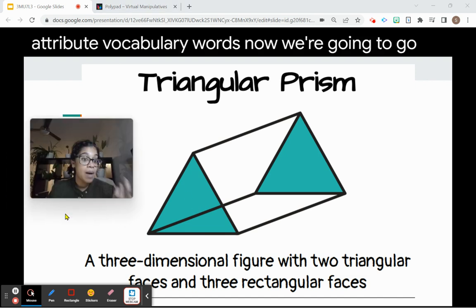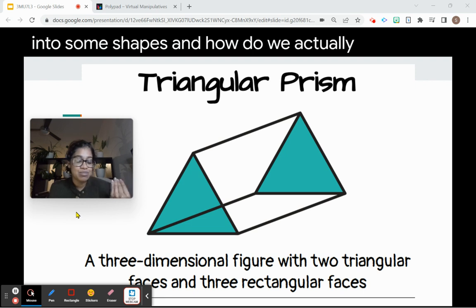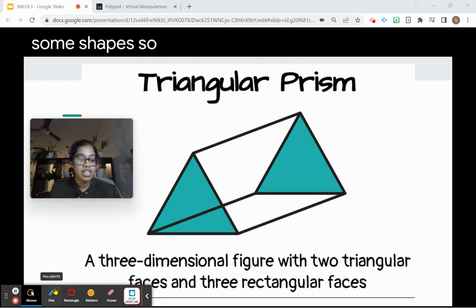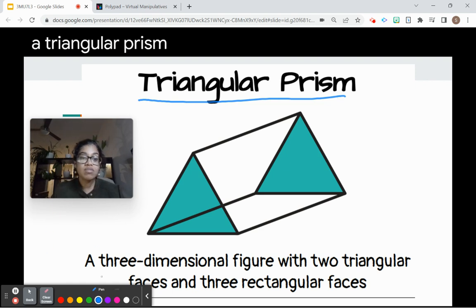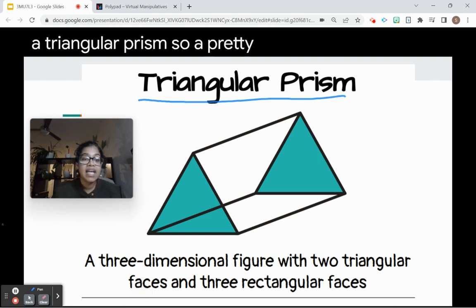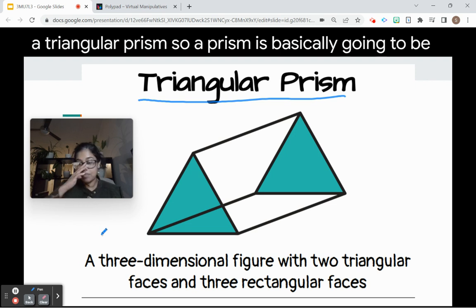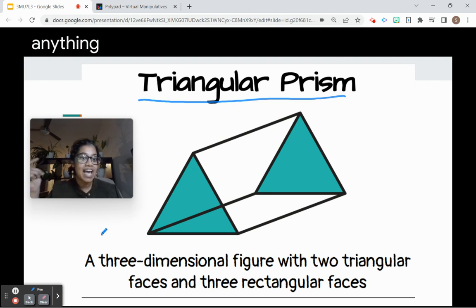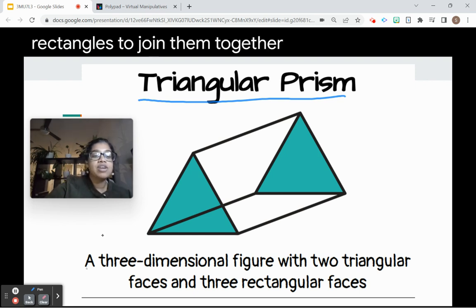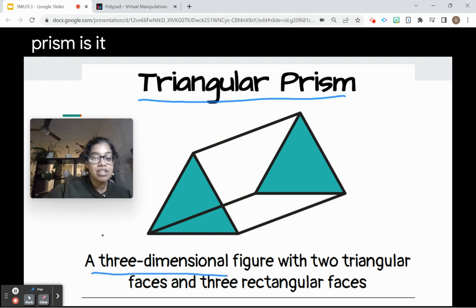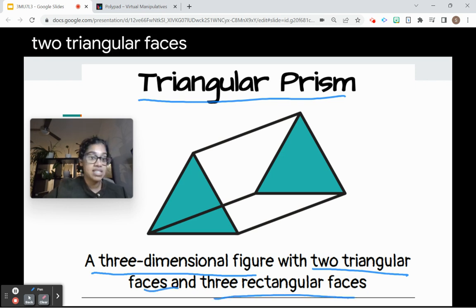Now we're going to go into some shapes and how we actually name them. This one right over here is called a triangular prism. A prism is anything that joins shapes, and it uses rectangles to join them together. A triangular prism is a three-dimensional figure with two triangular faces and three rectangular faces.